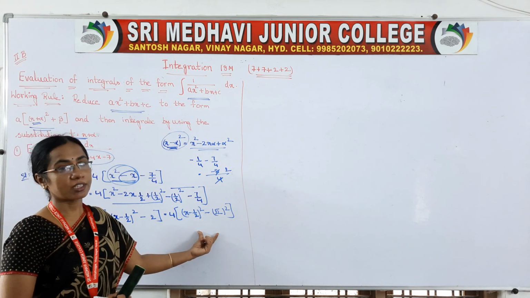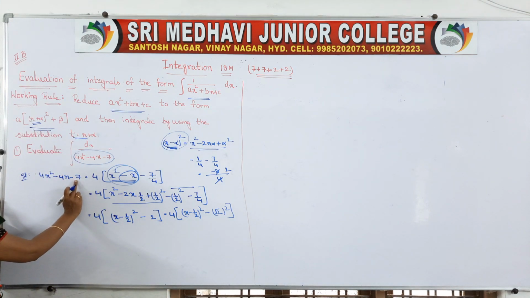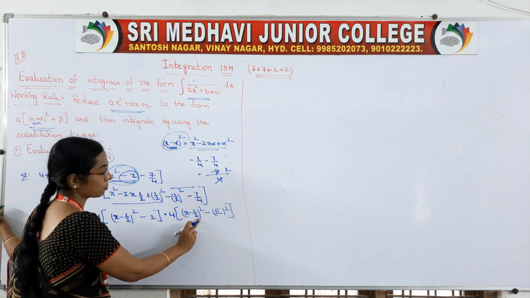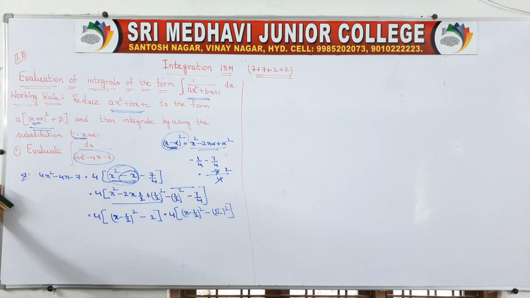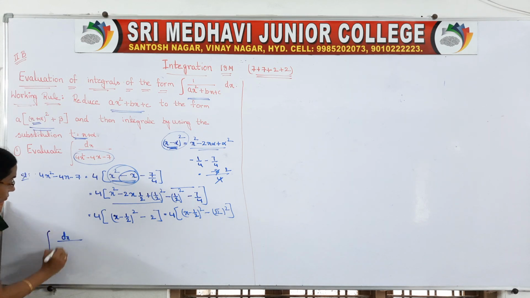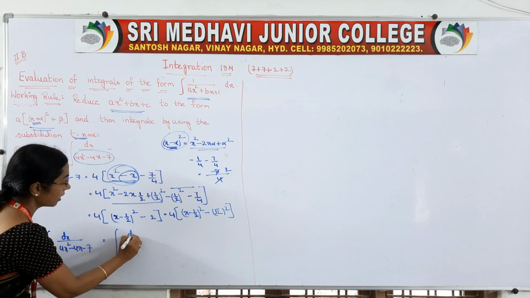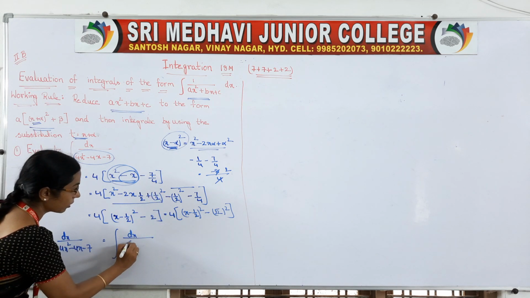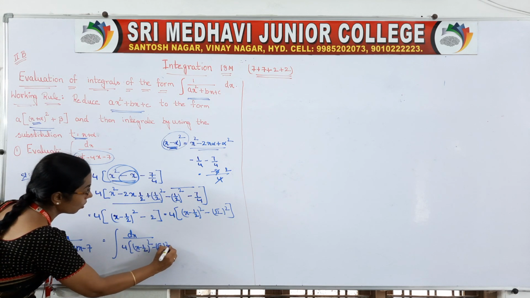Now for this we have to take the integral. We got 4x square minus 4x minus 7 as 4 into x minus 1 by 2 whole square minus root 2 whole square. So now take the integral. It is integral of, what is the problem? dx by 4x square minus 4x minus 7 is equal to, we can write this as dx by 4 into x minus 1 by 2 whole square minus root 2 whole square.